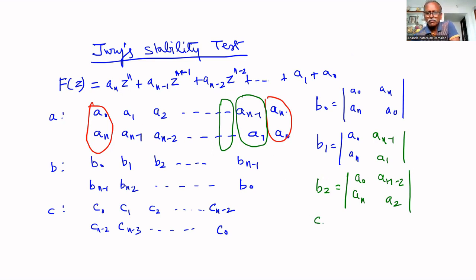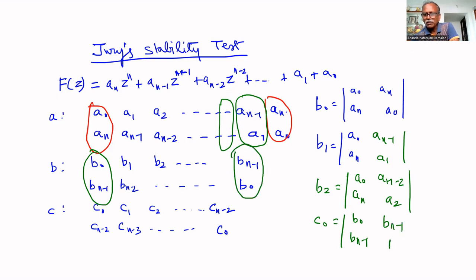What is C0? We find C0 from the B row, that is B0, Bn minus 1, and Bn minus 1, B0. This and this we consider to find C0.